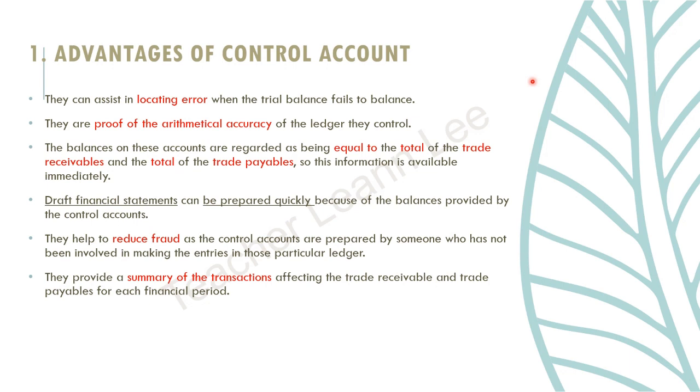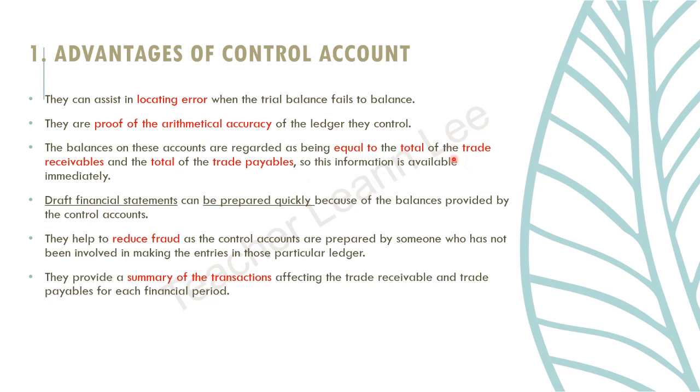Secondly, they are proof of arithmetical accuracy. Only the numbers I can check and detect in the ledger they control. The balances on these accounts are regarded as being equal to the total of the trade receivables and the total of the trade payables. So the balance in the control account will be the same as your TR totals and your TP totals.